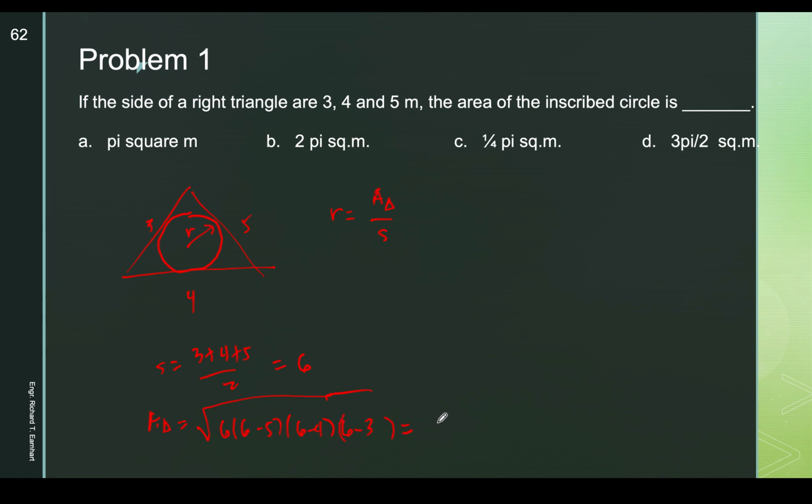And that gives you also 6. So therefore this is 6 over 6, so 1 unit. Therefore the area of the circle is pi r squared, so only pi square meter. So letter A is the correct answer.